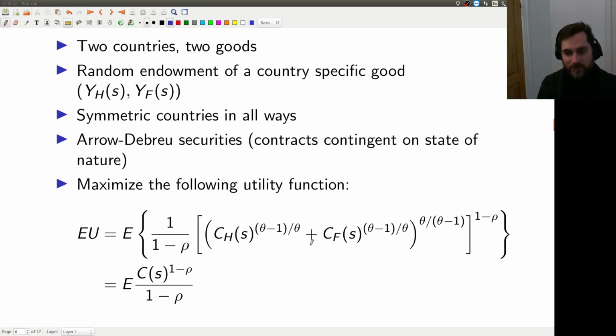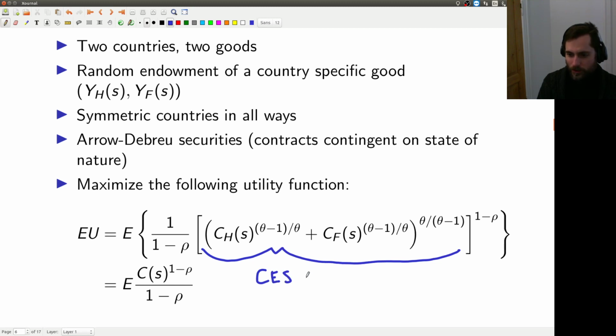S indexes the state of the world. So for every different possible state of the world, I could have a different level of consumption of the home and the foreign good. And then finally, outside of this, so here's the CES bundle, the constant elasticity of substitution bundle. Oops, I still have that straight ruler on. So that's the CES bundle.